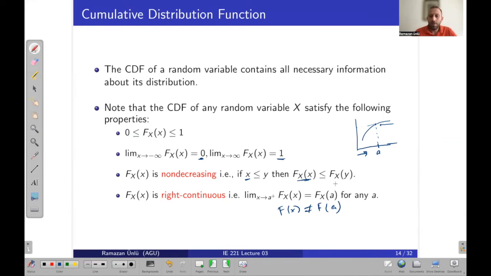If this is not clear, please check your calculus lecture. Okay, so keep these four properties in your mind when you create a CDF of a random variable.